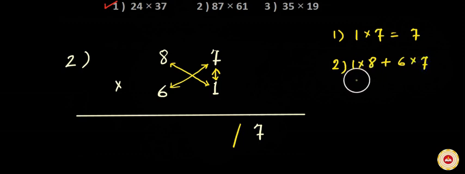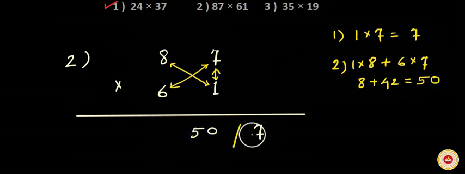That means 8 plus 6 sevens are 42, which gives us 42 plus 8, 50. So write 50 in the middle part. So the right part is 7, the middle part is 50. Let us separate this 50 middle part from the left part.